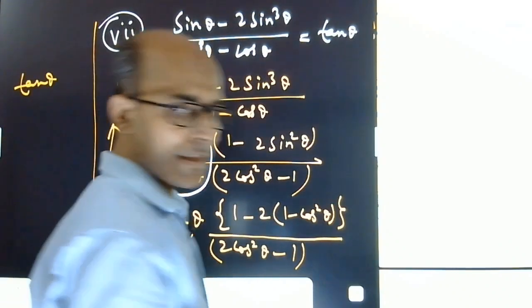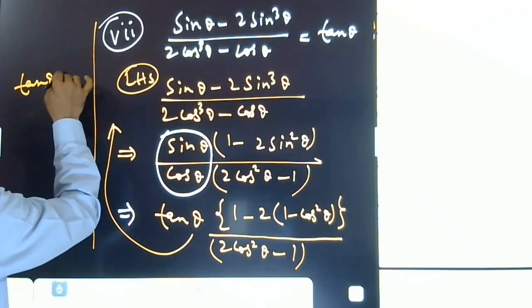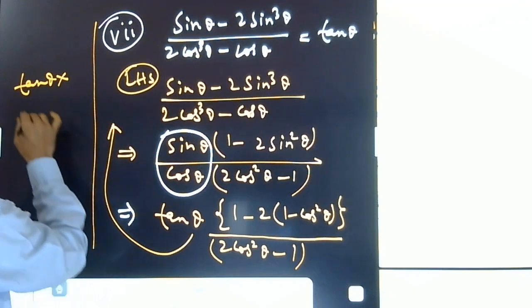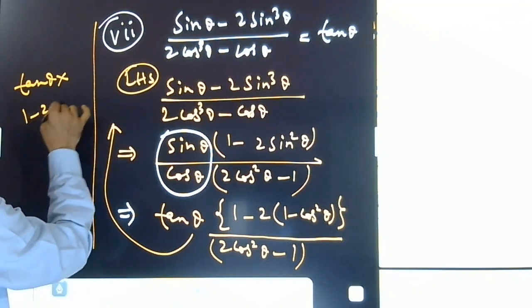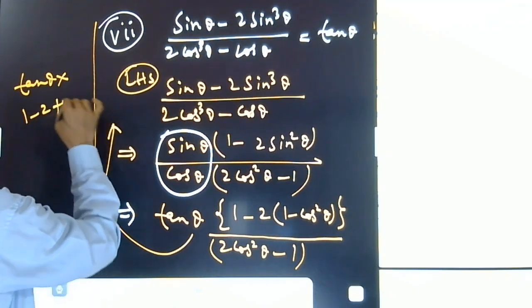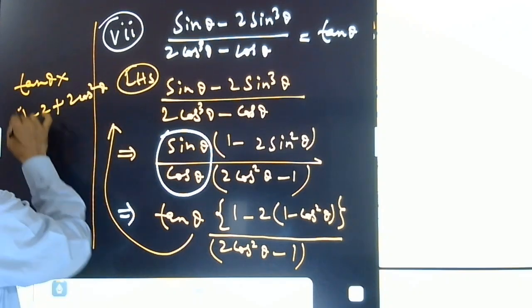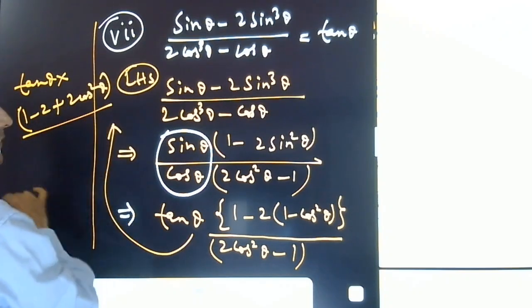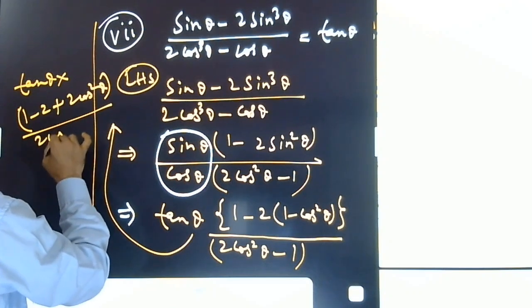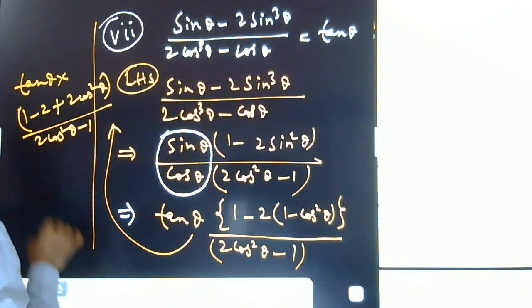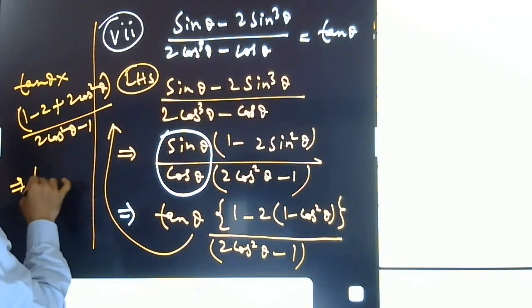Okay, and multiplied by 1 minus 2 plus 2 cos square theta, and this is in bracket, divided upon 2 cos square theta minus 1. So what will be the value?